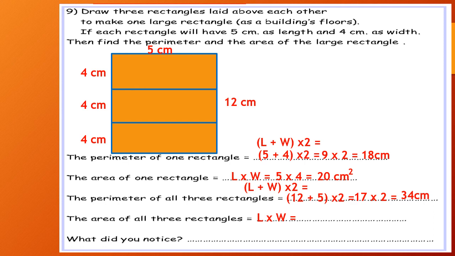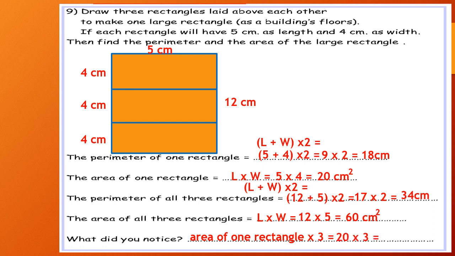The double of 17, 34 centimeters. The area of all three rectangles, length by width, 12 by 5 equals 60 centimeters squared.